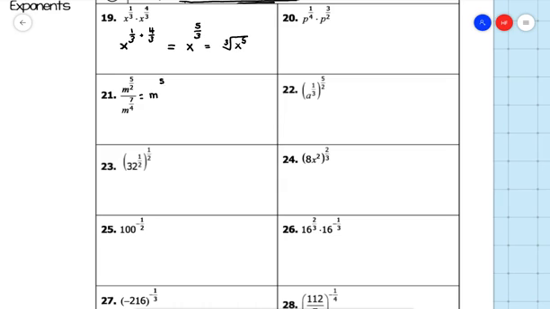So we've got 5/2 minus 7/4, which 5/2 is 10/4. So we've got m to the power of 10/4 minus 7/4, which would be m to the power of 3/4, which written as a radical would be the 4th root of m cubed.